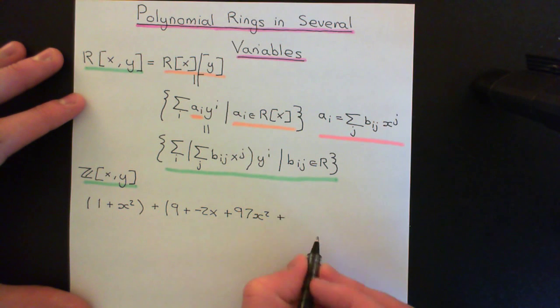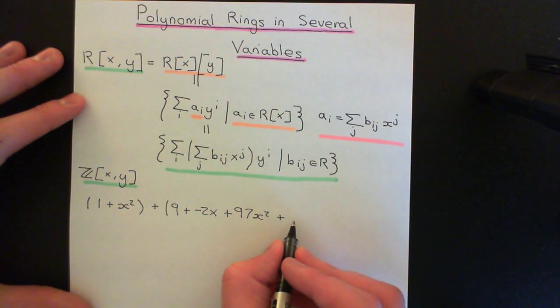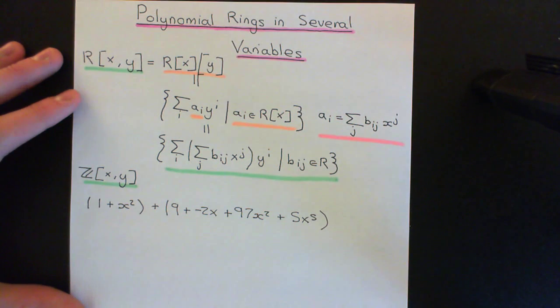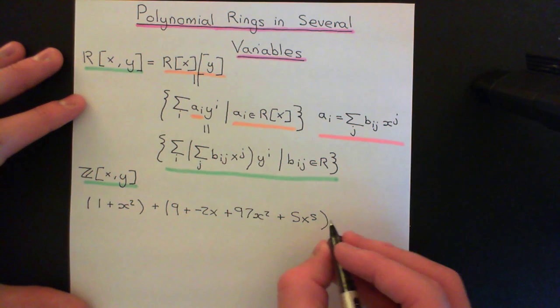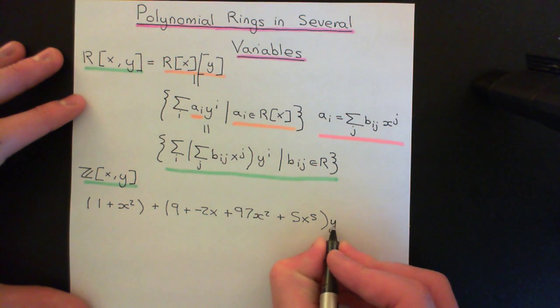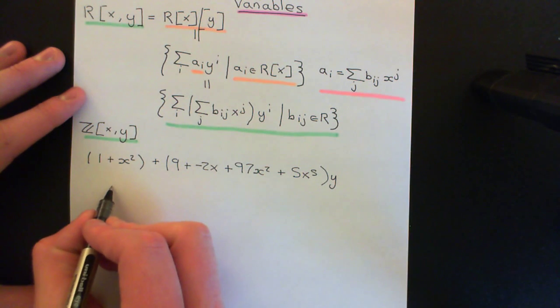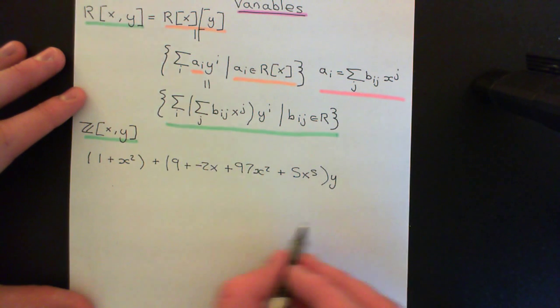Let's go a little bit higher, so plus, let's say we miss out the x to the power of 3 and x to the power of 4 terms, and we'll jump up to 5x to the power of 5 there. Okay, so there's a polynomial in the ring of polynomials in the indeterminate x over the integers, and now that's going to be our coefficient in front of the y to the power of 1 term, and then we'll go on. So let's say it's just going to be degree 2 in y.